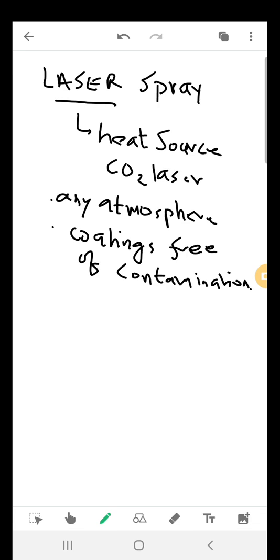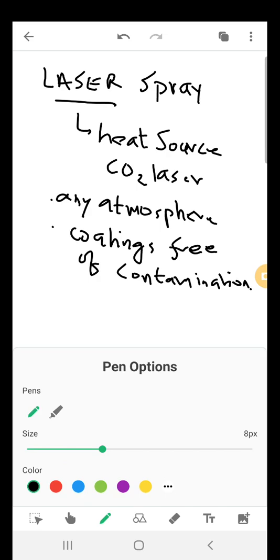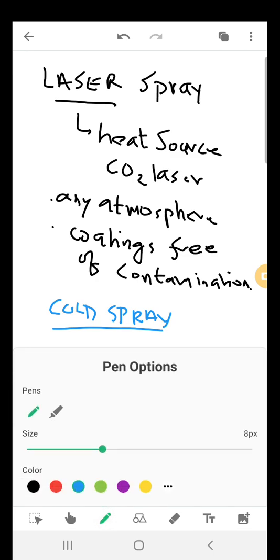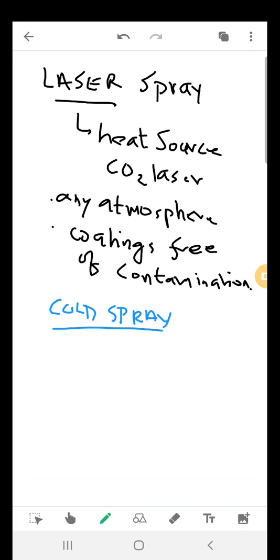The most significant, in current use thermal spray method is called the cold spray method. The name cold is due to the fact that we are mainly focusing on the velocity. The gas velocity is dominant in depositing the coatings rather than the thermal or the heating part.